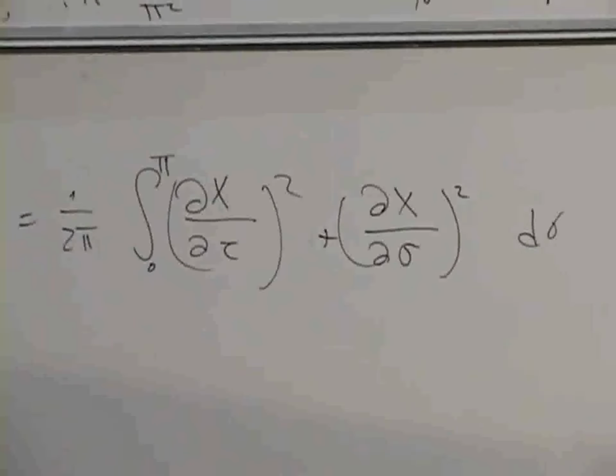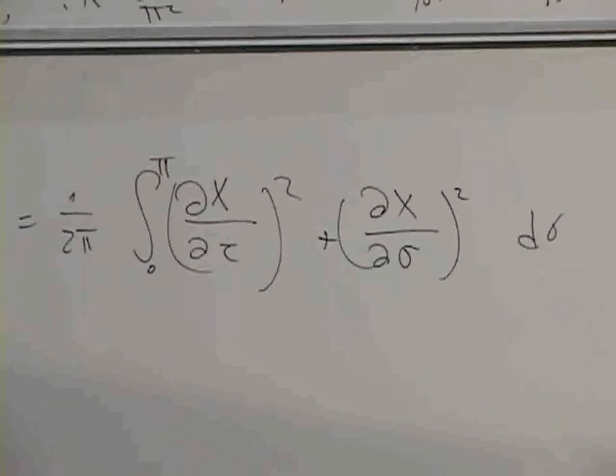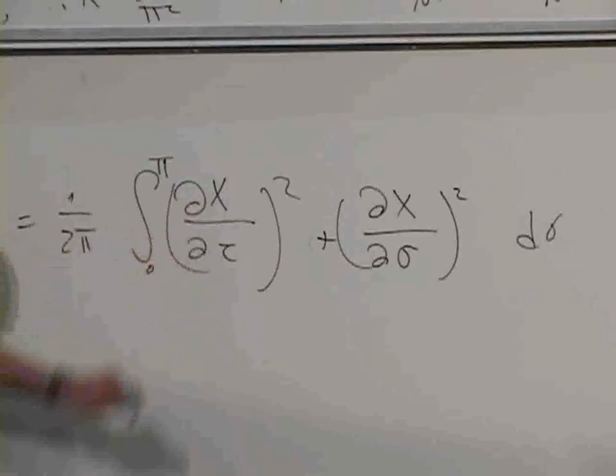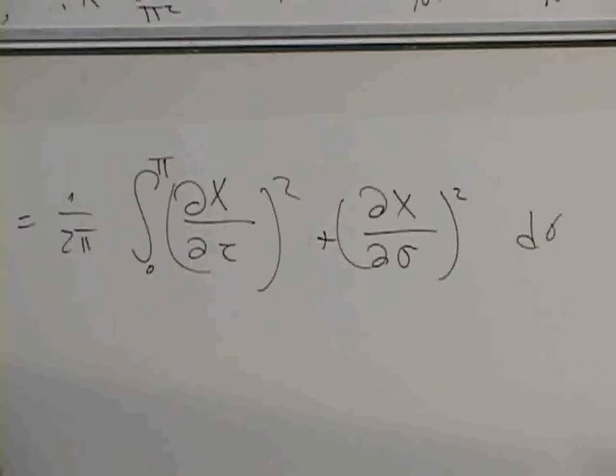Have you seen the energy function like that anywhere before? Simple harmonic. If instead of calling x, x, I called it phi, and instead of calling sigma, sigma, I would call it x.